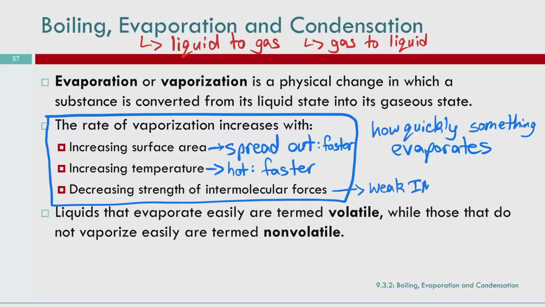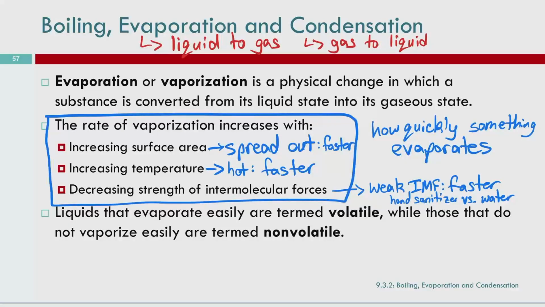So weak intermolecular forces will be faster. Think the alcohol in hand sanitizer versus just regular old water.